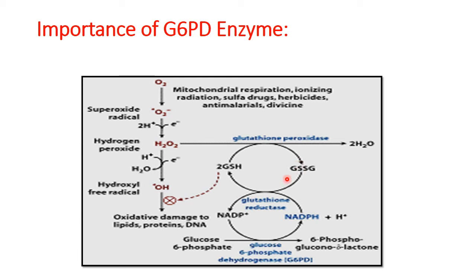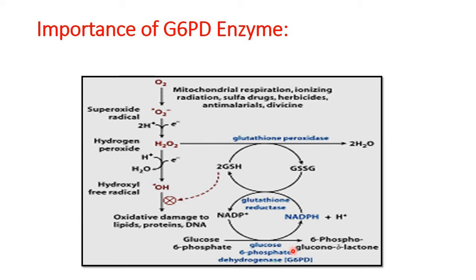Glutathione is the most potent antioxidant molecule in our body. Now we have to again regenerate the reduced glutathione, and for this we need the glutathione reductase enzyme. This enzyme requires the coenzyme NADPH that is produced from the pentose phosphate pathway, and the key regulatory enzyme of the pentose phosphate pathway is glucose 6-phosphate dehydrogenase.